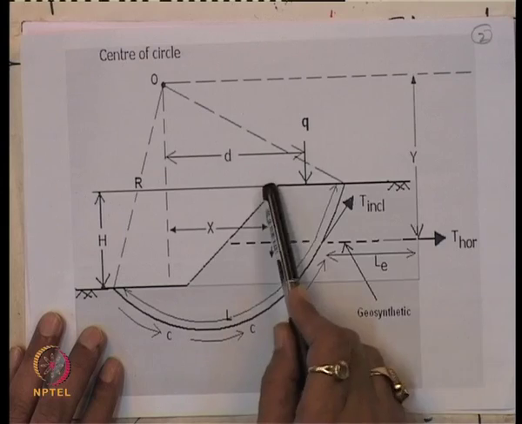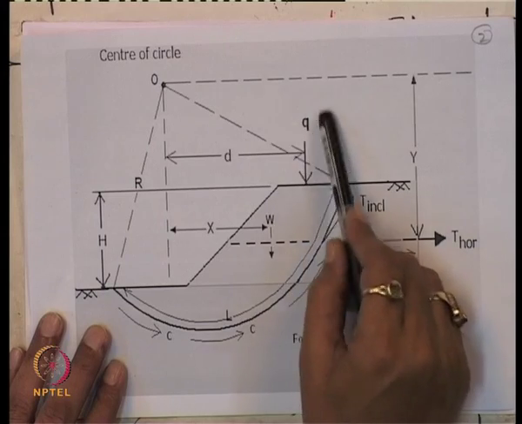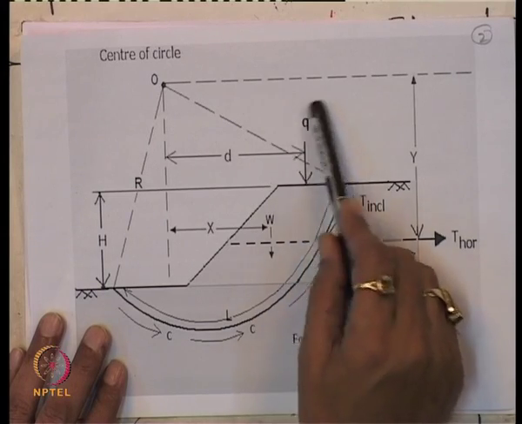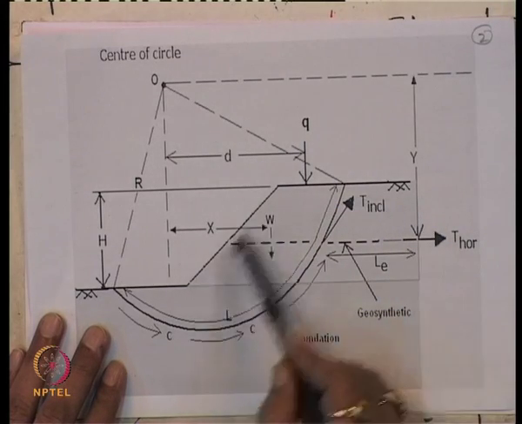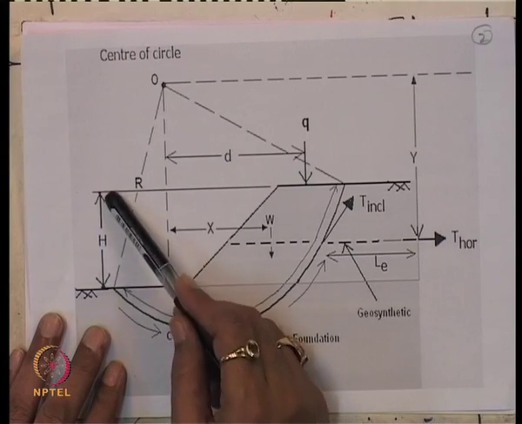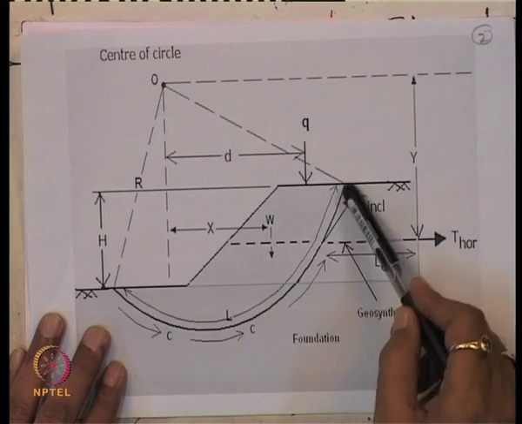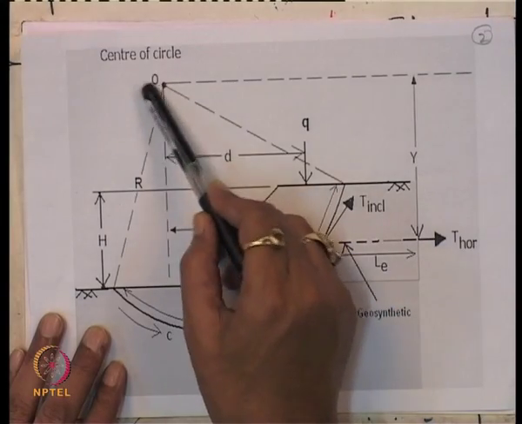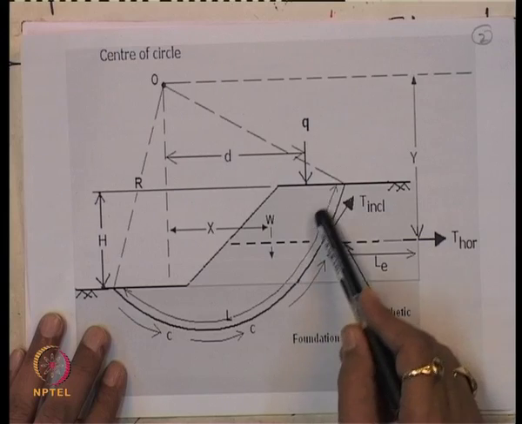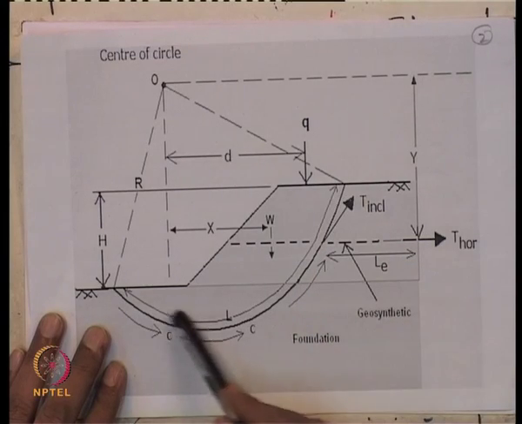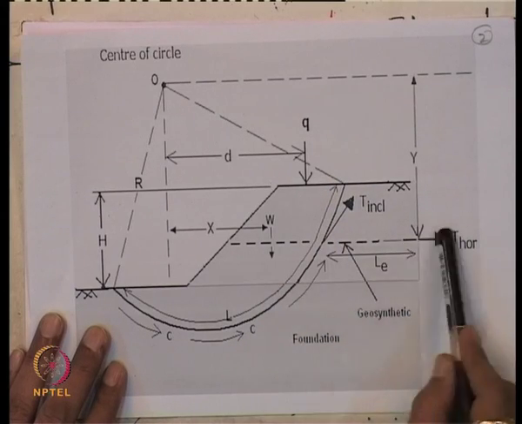And this is the slope, and there is also some load which is designated as Q, and the height of the slope is H, and this is the shear circle, and the center of the circle is O, and this arc length is L. Let us say there is no reinforcement in the beginning.